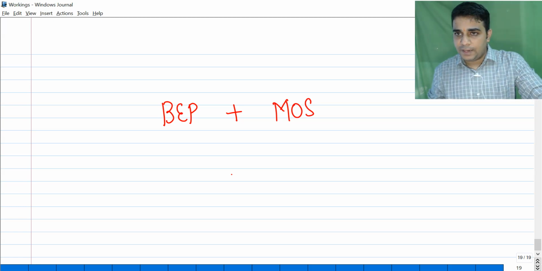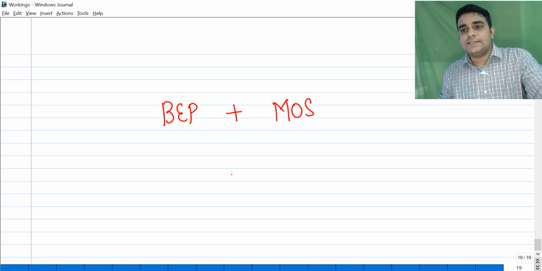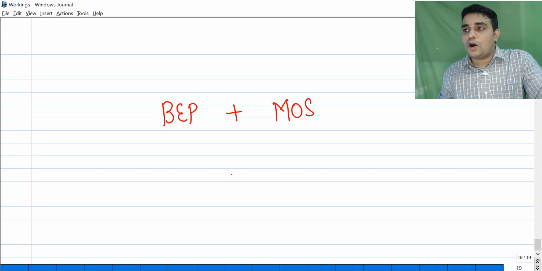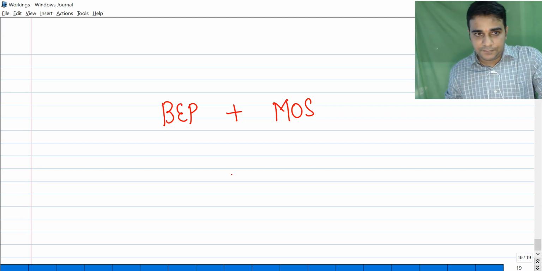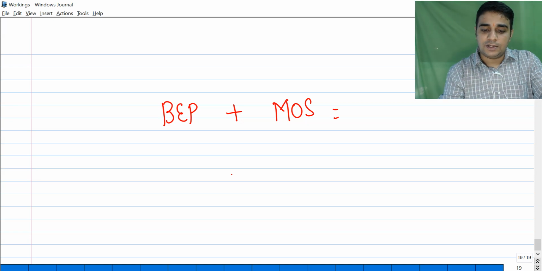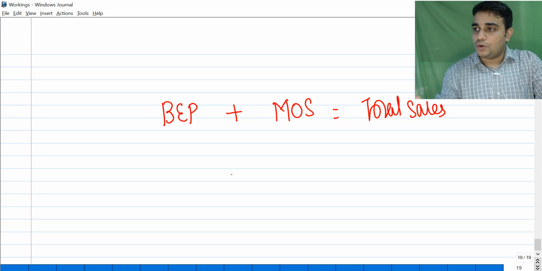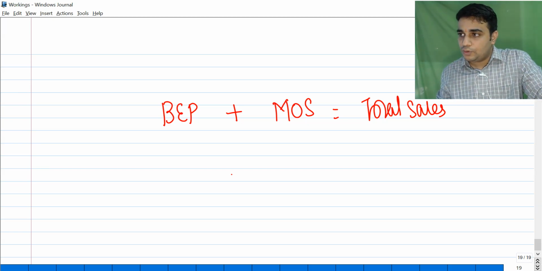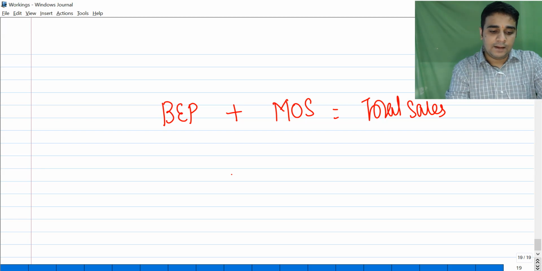Break even point is basically the sales at which you make no profit, no loss. Margin of safety contributes towards the profit of the company. Break even point plus margin of safety is equal to total sales.